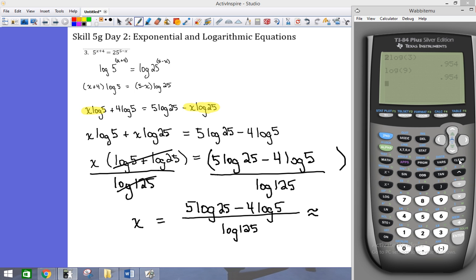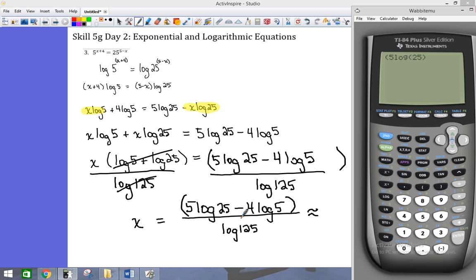And so I'm going to put parentheses around my numerator, so that when it divides, it divides the whole thing, not just the second term. So I've got 5 times the log of 25. Now the calculator put in the initial parenthesis there for me.